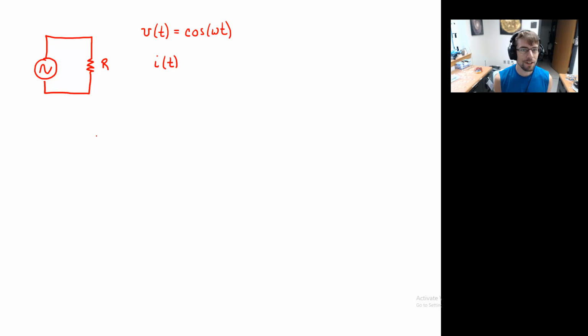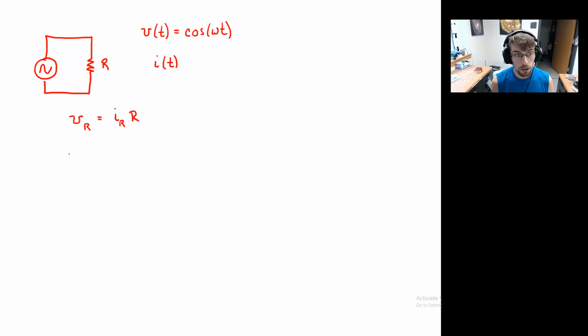Yeah, good. Okay. Now, of course, you have two different ways of going at this. One way is that you say, okay, I'll just apply Ohm's law. I have a potential drop across the resistor, call it VR. That is equal to the current through the resistor times the resistance.